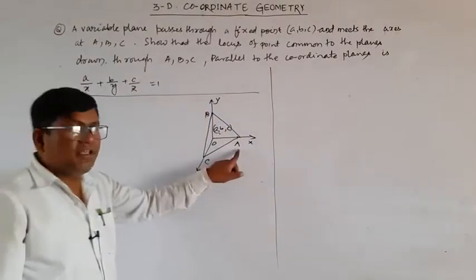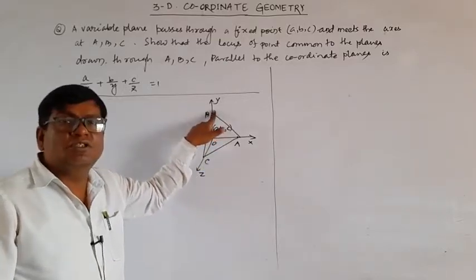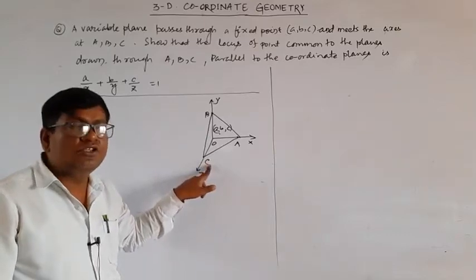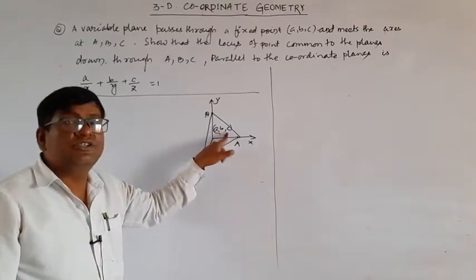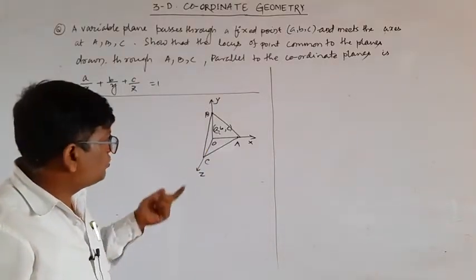So the axis points cannot be (a, 0, 0) because a is already used here, nor (0, b, 0) because b is used here, nor (0, 0, c) because c is used here. So we have to use another symbol.